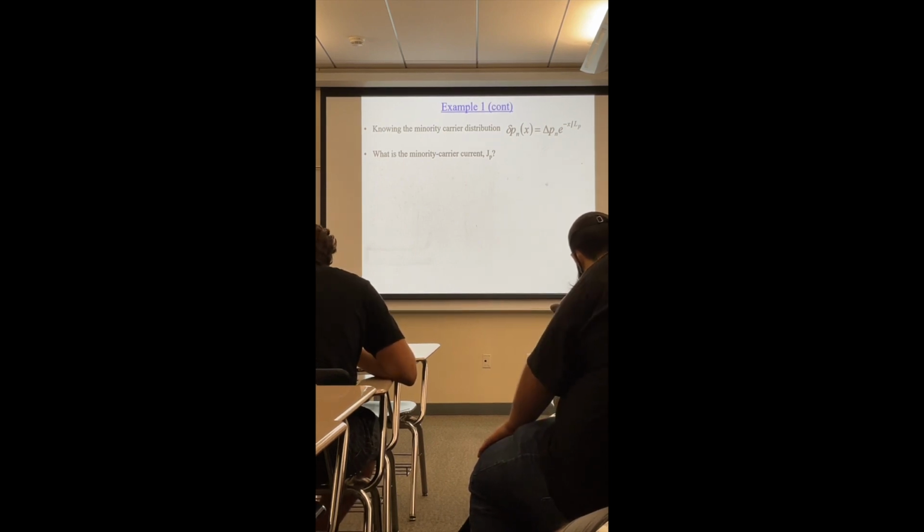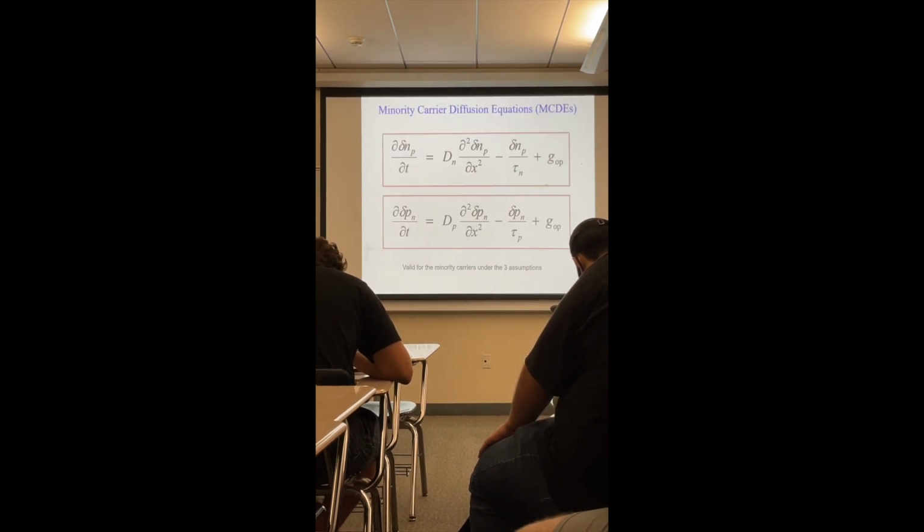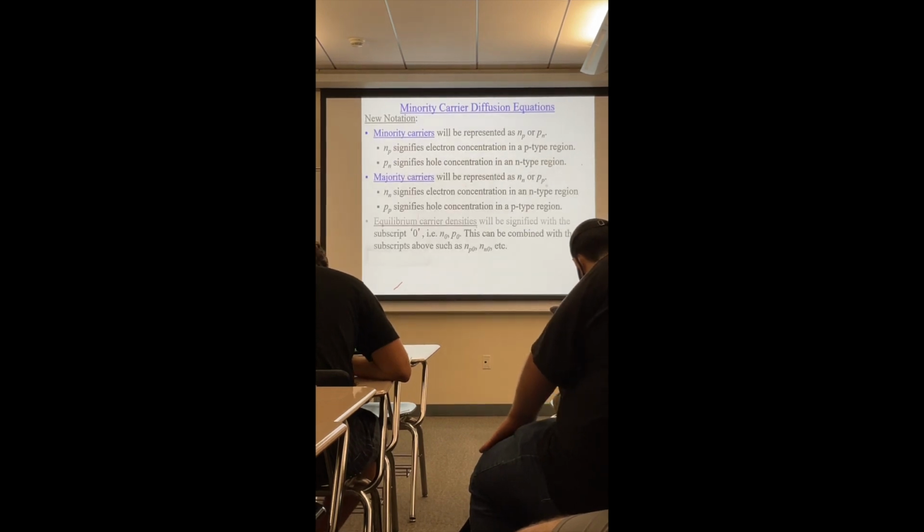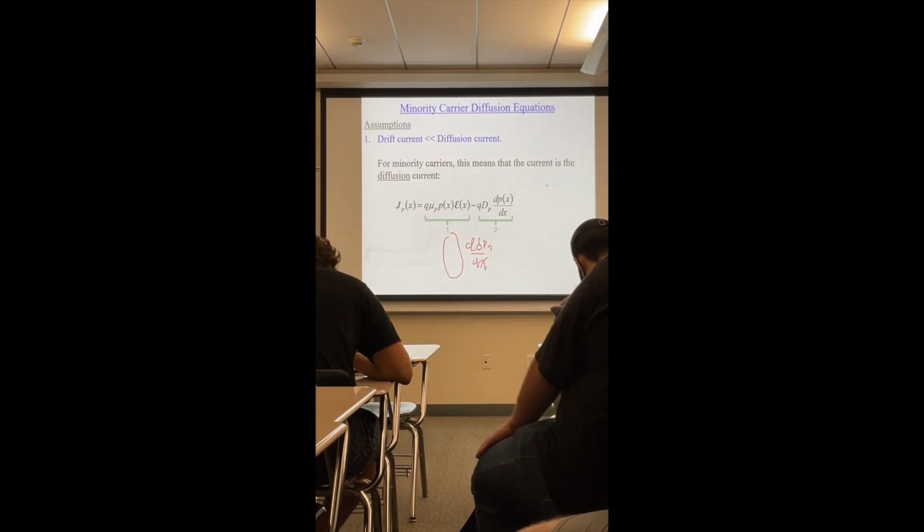So remember, we made several assumptions. The first assumption is the diffusion current is much larger than drift current. If you forgot, let me go back and show you. When we derived these minority carrier diffusion equations, this was the first assumption. So diffusion current is much larger than drift, and we can already get the expression for the diffusion current.